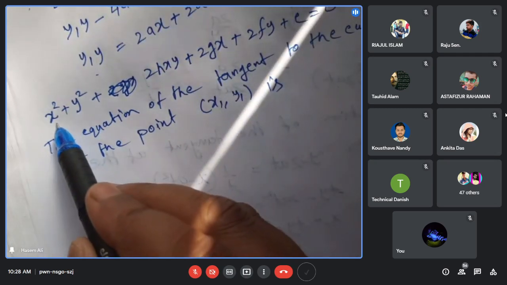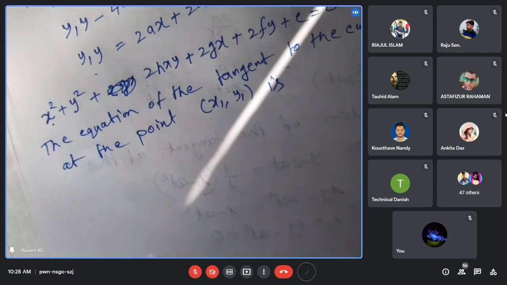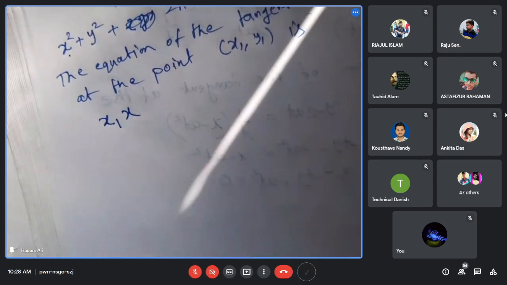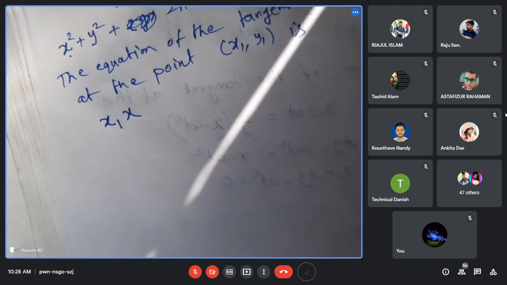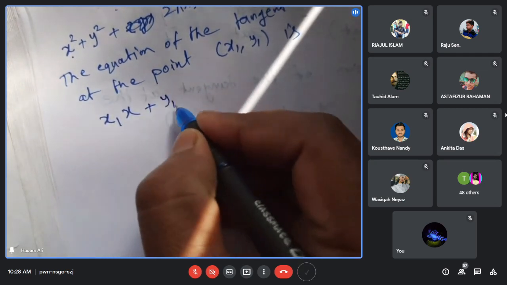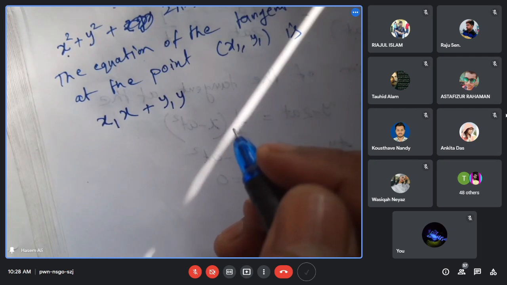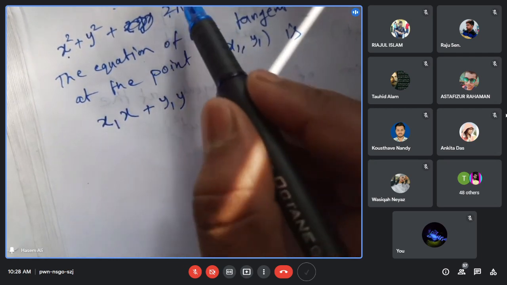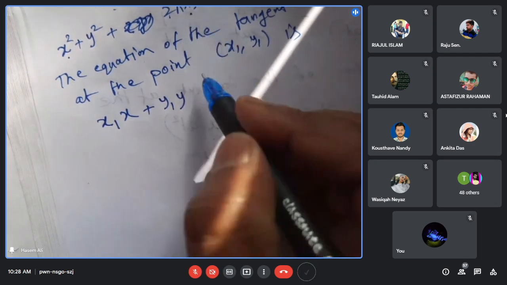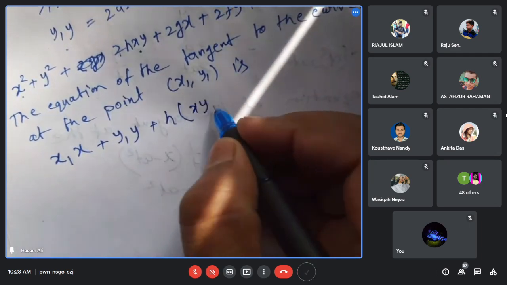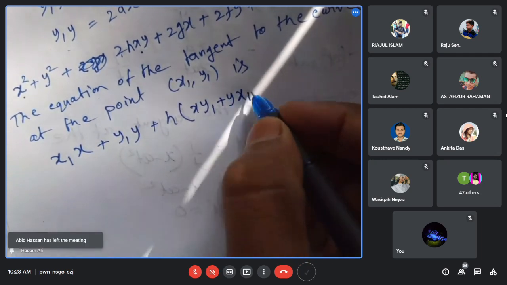For x square, the equation of the tangent will be x1x. And for y square, it will be y1y. And for 2xy, it will be h into xy1 plus yx1.